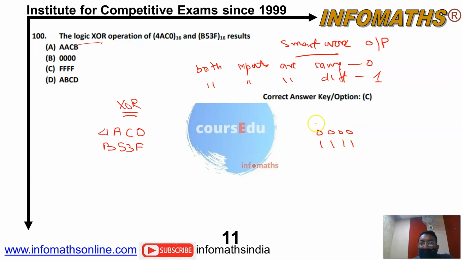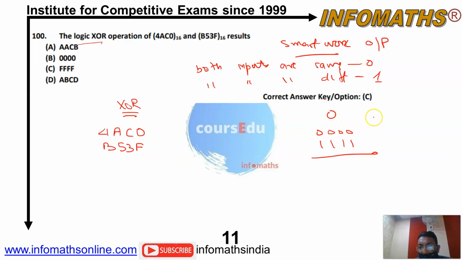Let's first solve this digit, then we will go to the other remaining digits. If we can get the answer from one digit, then why use other digits? Save your time and go to the next question.